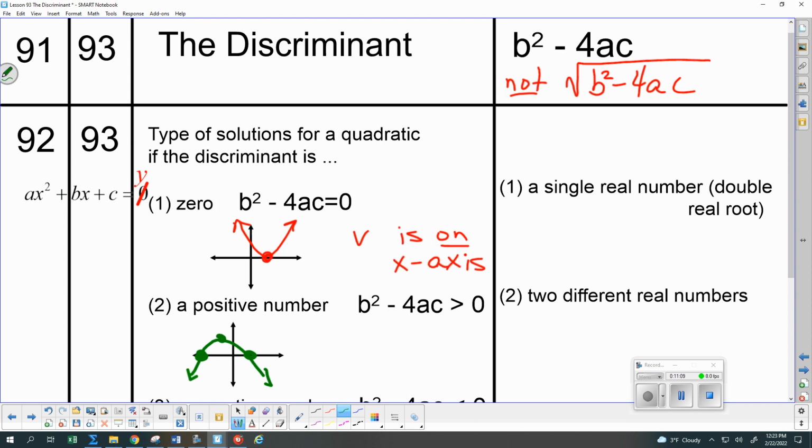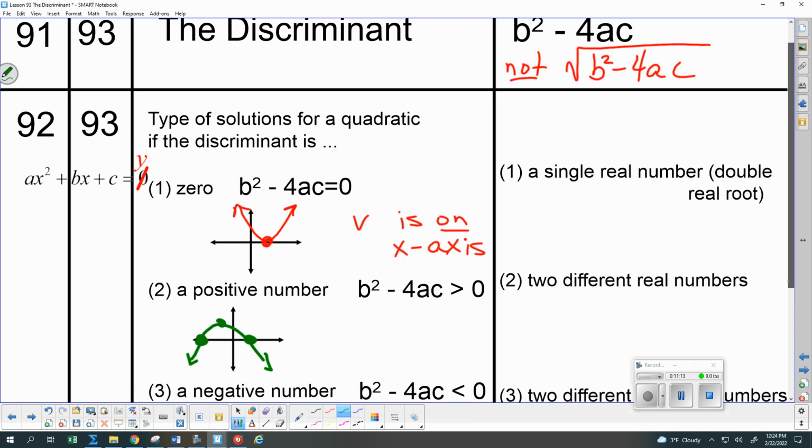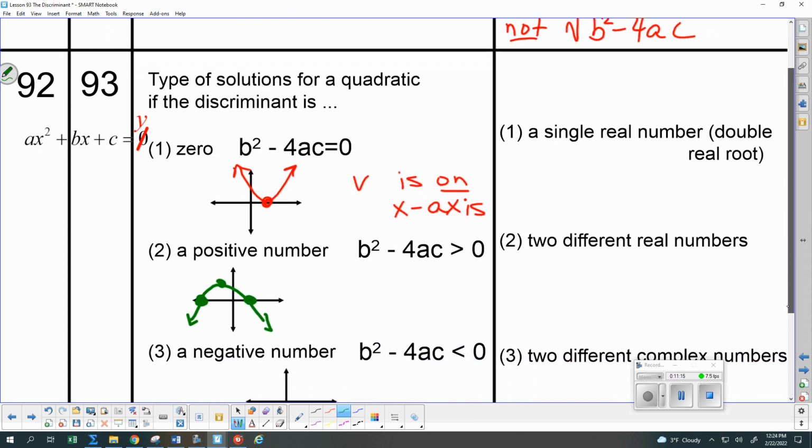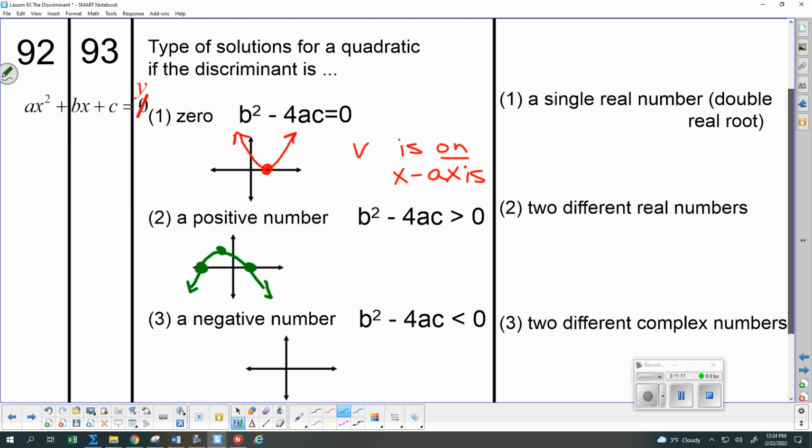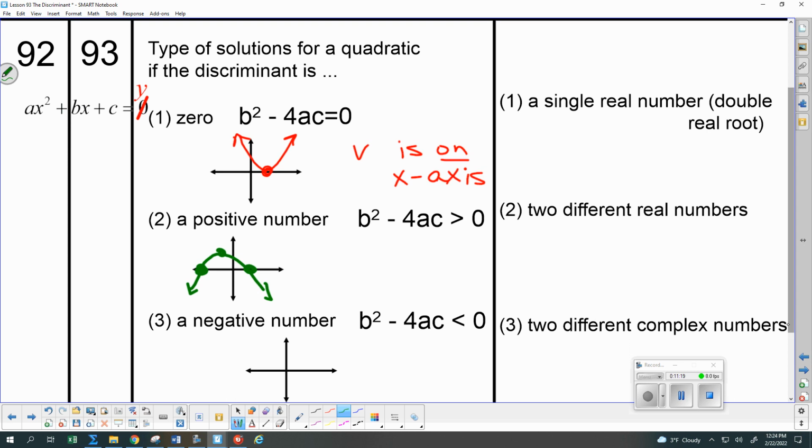That would mean we have two different real numbers for our solutions. And if we get a negative number for just the b squared minus 4ac part, that means it does not cross the x-axis at all. So maybe we have one that does something like that. And we have no x-intercepts, so then we start saying we have two complex solutions.